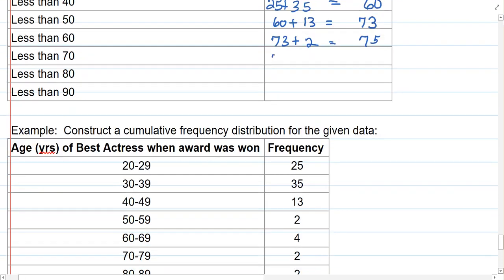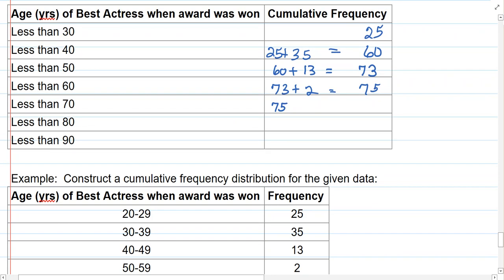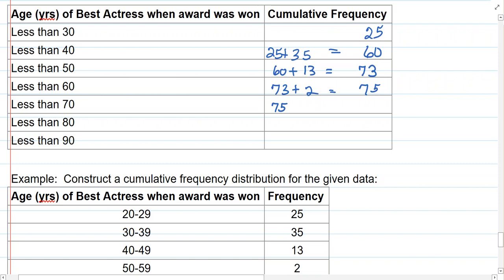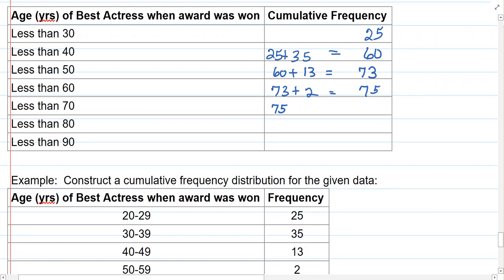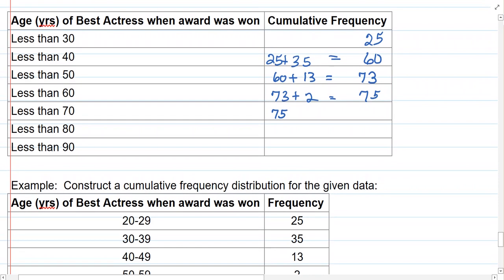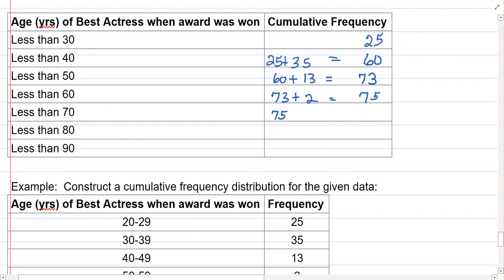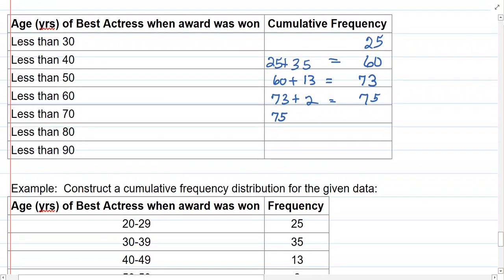Then I have 75 for the 70 plus 2. Let me see, where am I? The 60 was the plus 2. Let me see what happened here. 25, 60. See what I have? 25, 60, 73.